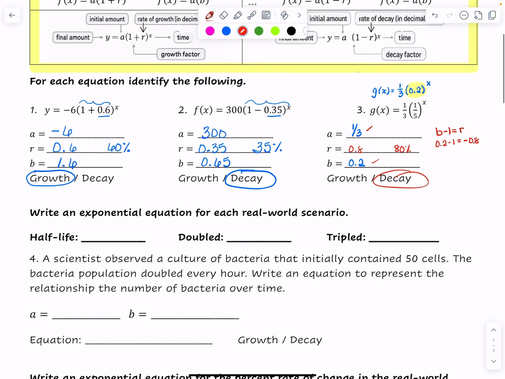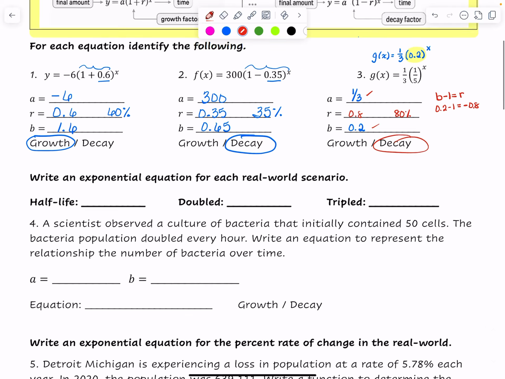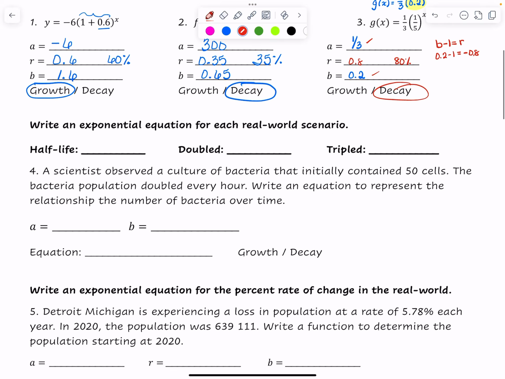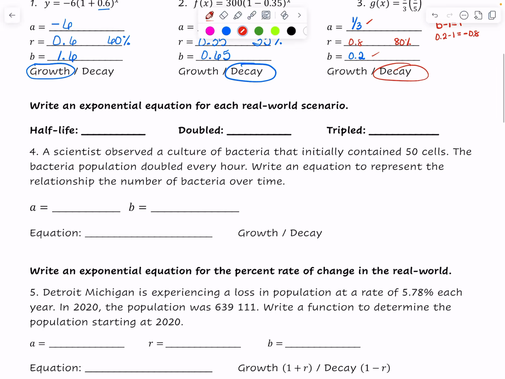All right, so let's go on to this next part when we have real word problems. Okay. So when I have these word problems, sometimes they give us a percentage, and sometimes they give us keywords that represent the B value. So if I said half-life, how would you think of writing half in math?